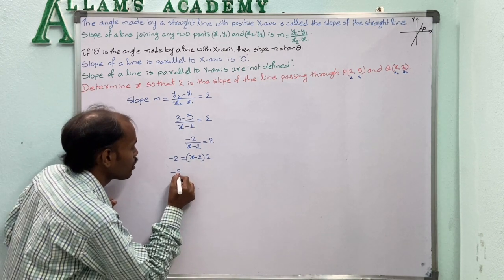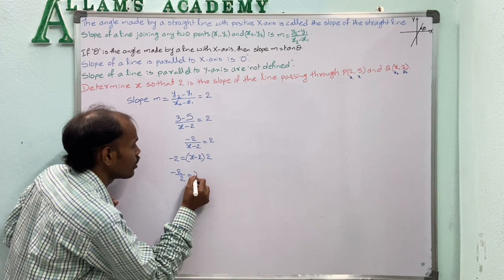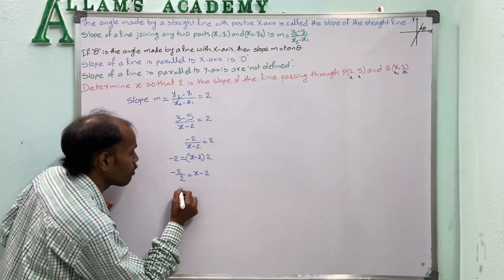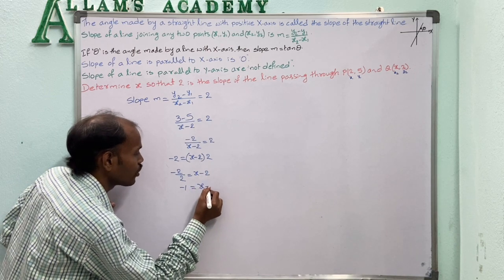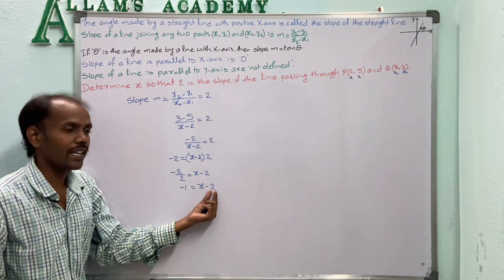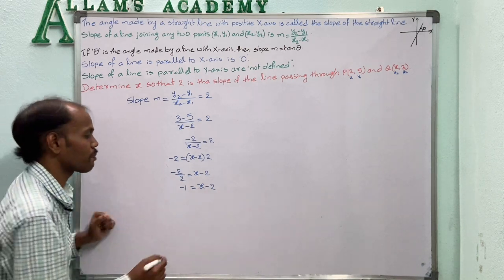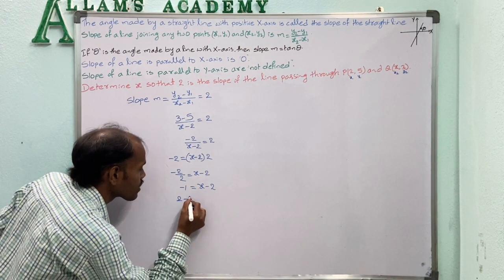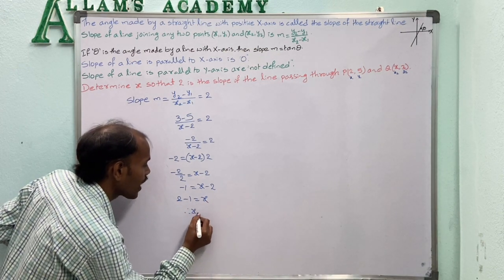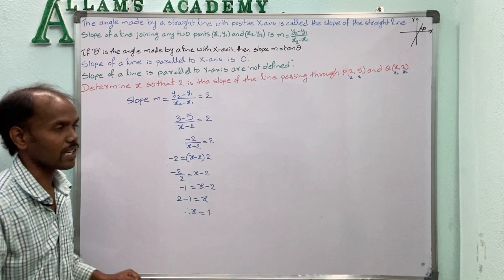So minus 2 by 2 is equal to x minus 2. Minus 2 by 2 is equal to minus 1 is equal to x minus 2. Now minus 2 on the RHS is transferred to the LHS, that is plus 2. So 2 minus 1 is equal to x. 2 minus 1 is 1. So the x value is nothing but 1.